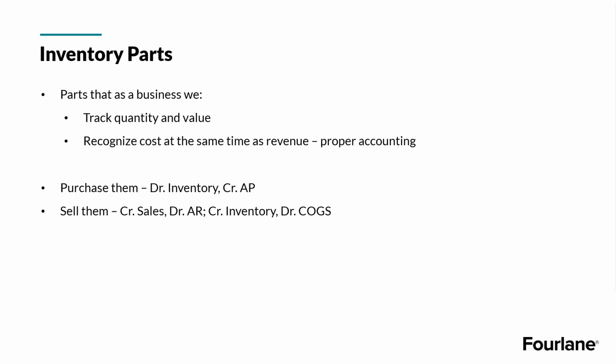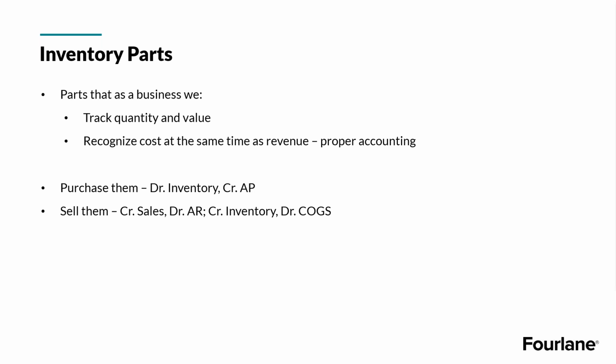The sales transaction takes care of the sale, the income, and accounts receivable. Because they're two separate transactions, they could potentially hit in different periods, so there's a true-up that we have to do in ERP systems to make sure that we are having our costs in the same period that we're having our revenue, which is proper accounting.